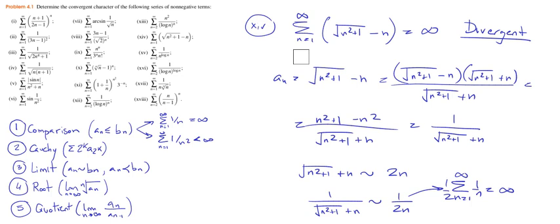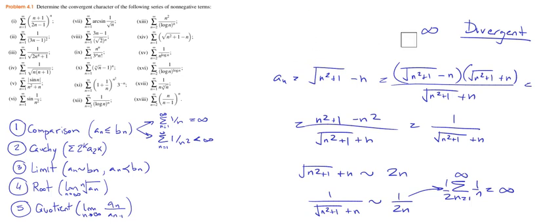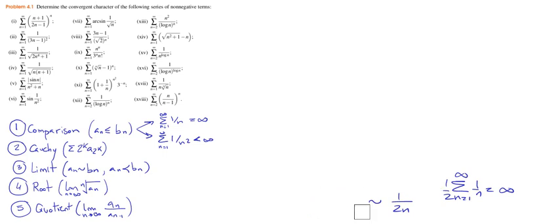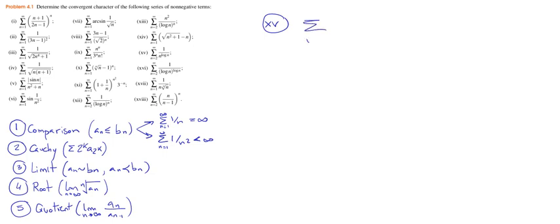Okay, let's do 15. The sum from n equals 2 to infinity of 1 over n to the logarithm of n. Okay, so let's see. This is not obvious, okay?